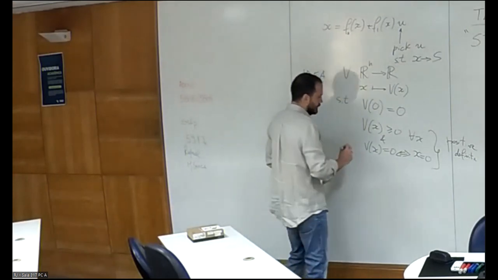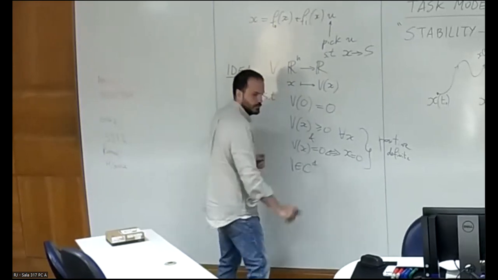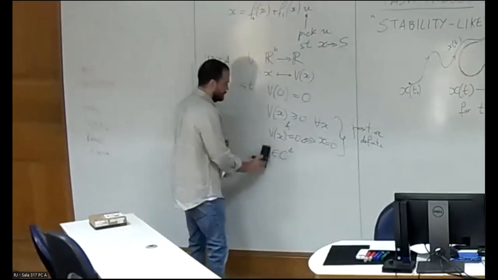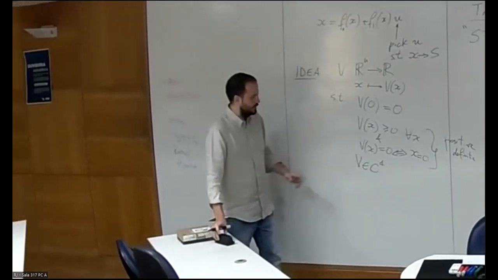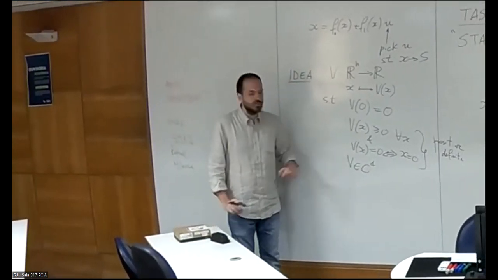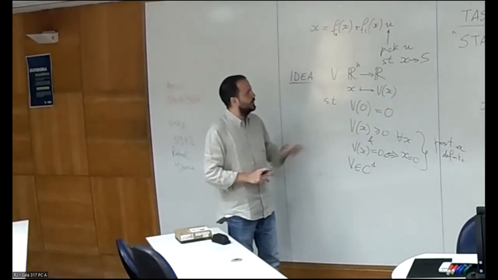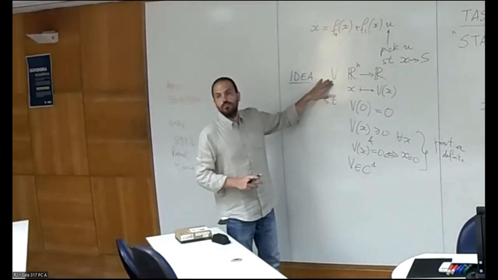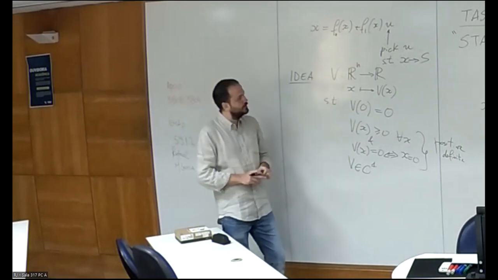The other thing that we will use is that V is continuously differentiable. So we can take the first derivative and it's continuous. In a way you can imagine that we can figure out how it moves by taking its first derivative.